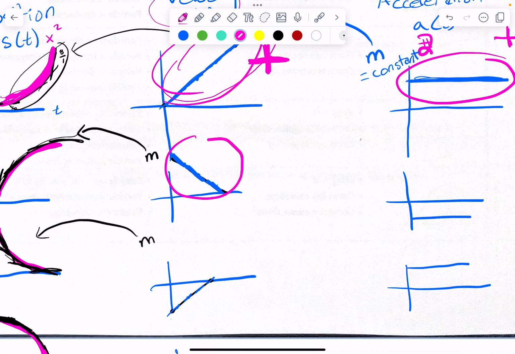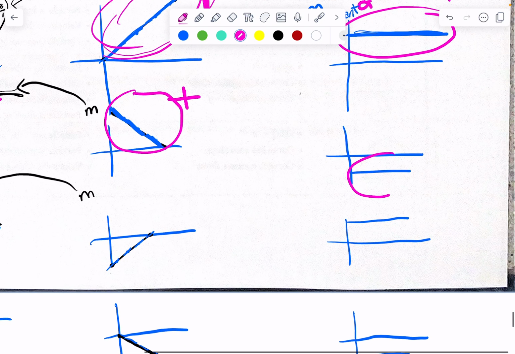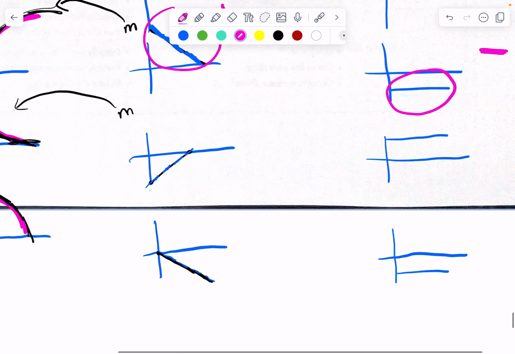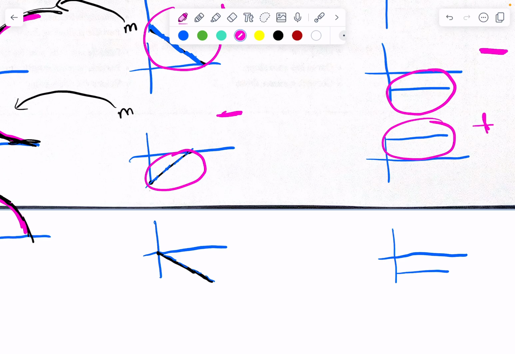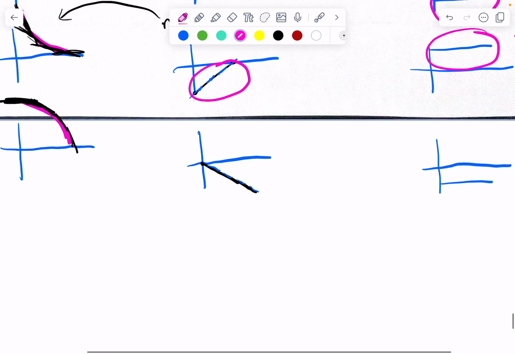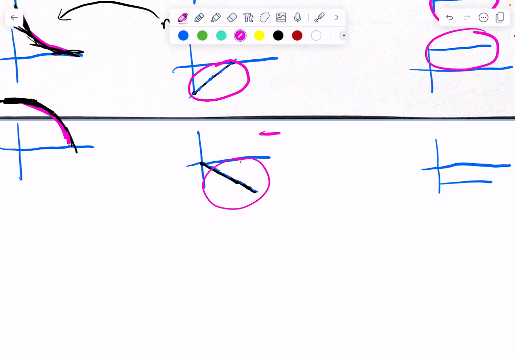This one, even though it's going downhill, that's still positive, above the x-axis. This one, though, is negative. It's below the x-axis. Okay, we'll talk about what these positives and negatives mean here in a second. This one is below the x-axis. It's negative, okay? And this one's above the x-axis, which means it's positive, okay? This one's below, so it's negative, and this one's below, so it's negative, all right?